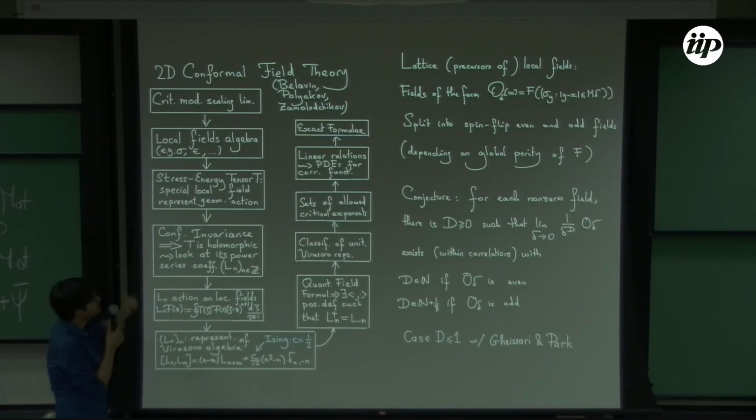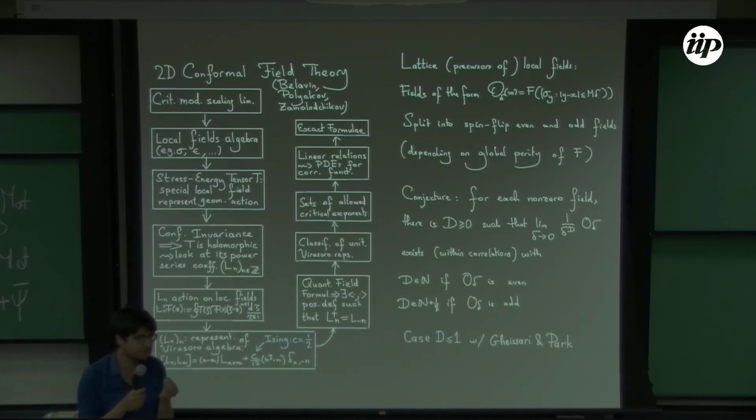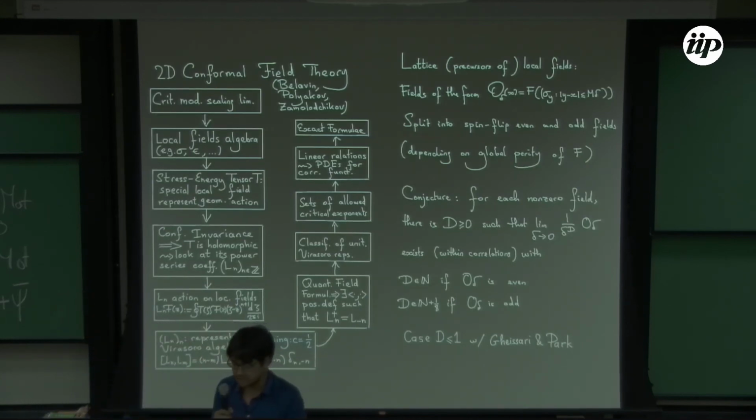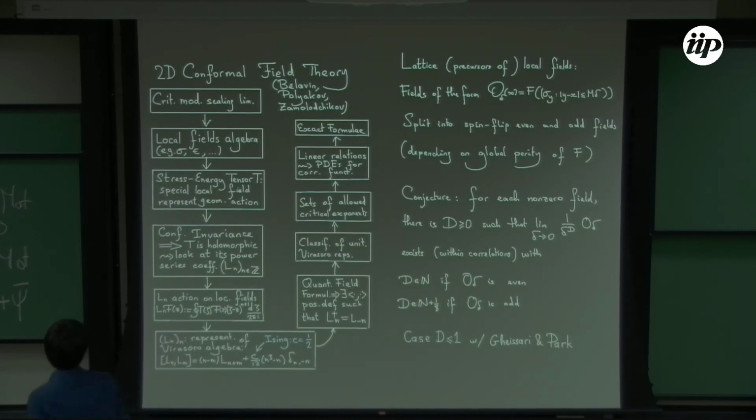And among these local fields, there is one that's going to really help you. It's going to make you able to go from basically nothing to everything. That object is the stress energy tensor. It's a special, very distinguished local field, not the spin, not the energy, another one, which has a dual role.